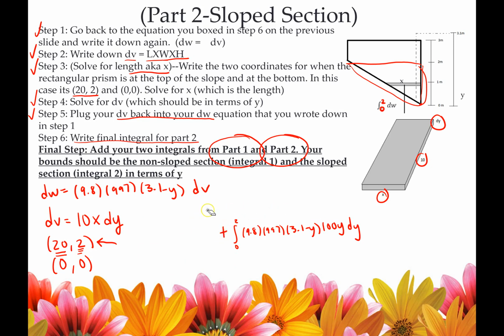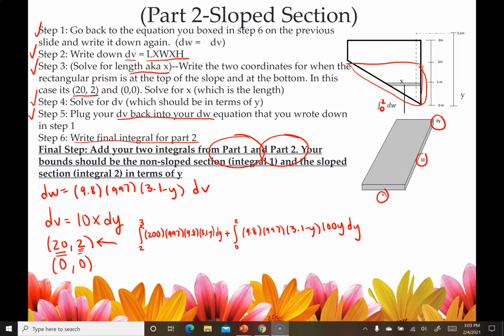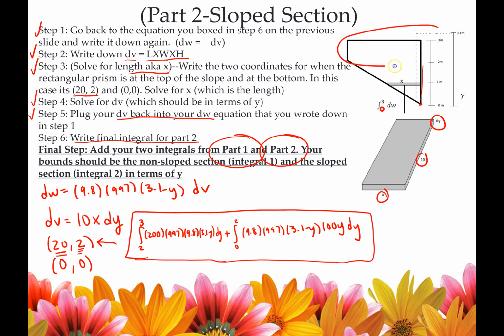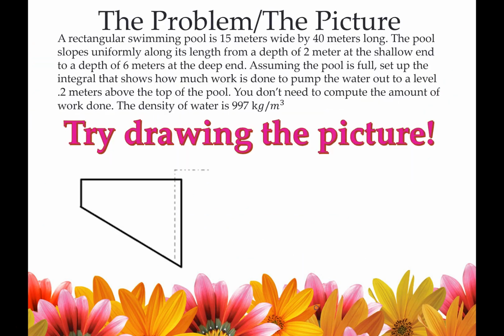So we have our first integral from the first part written right here, and we're going to add that to our second. So we're adding how much work it would take from 2 to 3, that first part right here, and then the work to get from 0 to 2 right there. So that was our first problem, and I promise you it's going to get a lot faster.